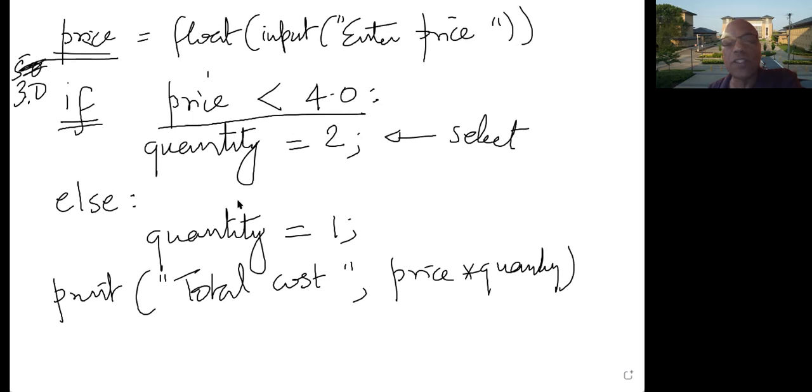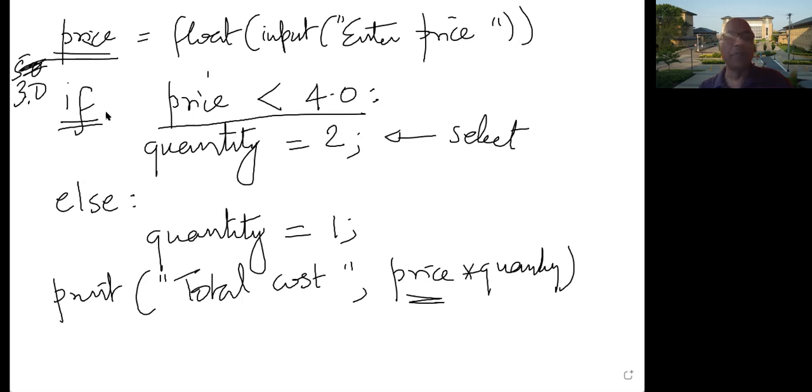We will ignore this completely, so it will not be selected for execution, and we will print total cost is price, which is 3. Quantity is 2, so we'll print $6. So that is an example of if statements, selection statements.